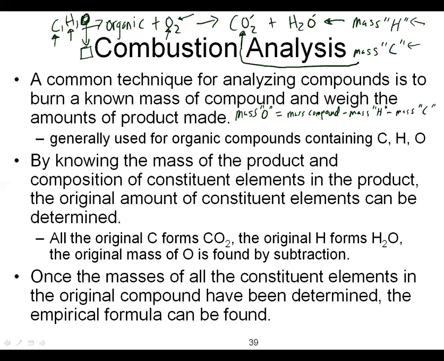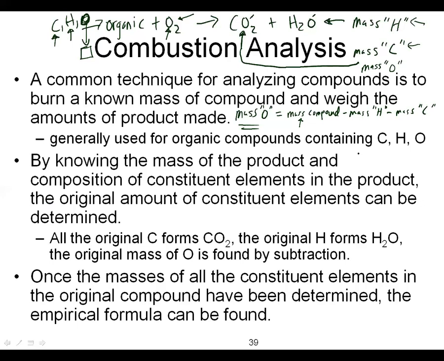So we have to use the CO2 and the H2O to calculate the mass of hydrogen and the mass of carbon that's there. And then we can subtract from the mass of the compound to determine the mass of oxygen. Once you're able to figure out all three of those things, the mass of the hydrogen, the mass of the carbon, and the mass of the oxygen, it then becomes a regular empirical formula problem.